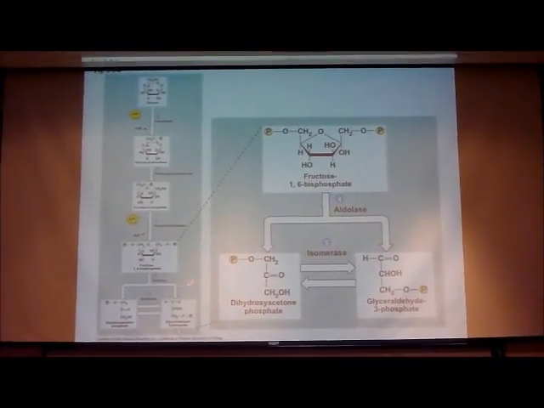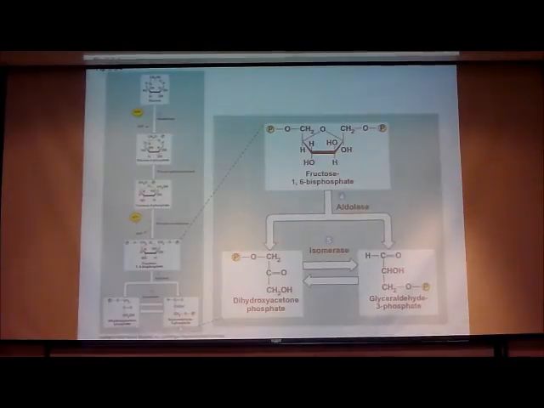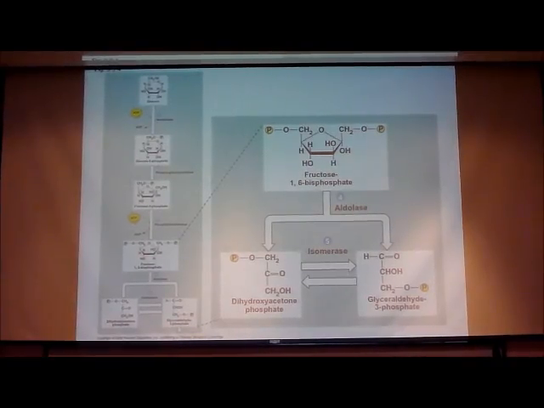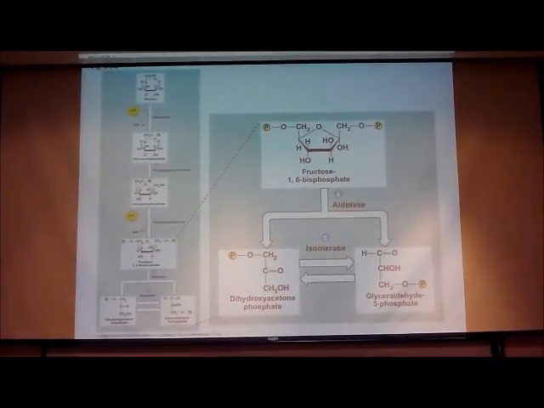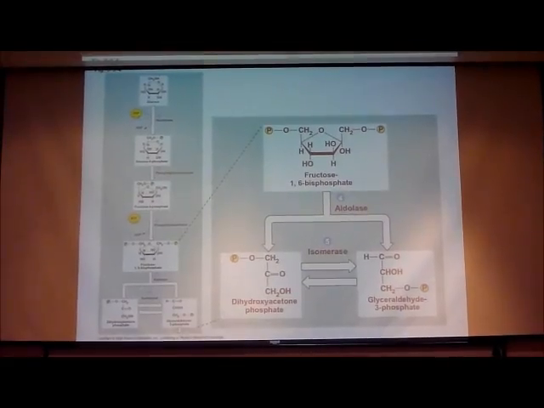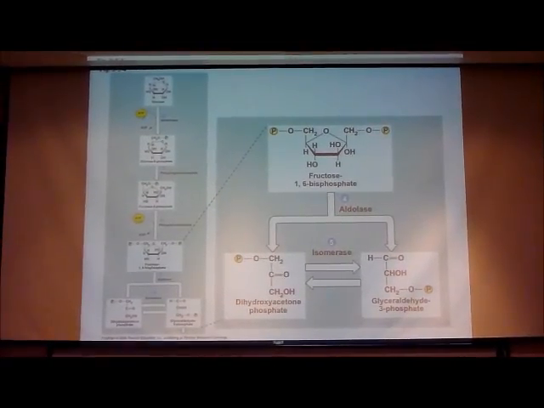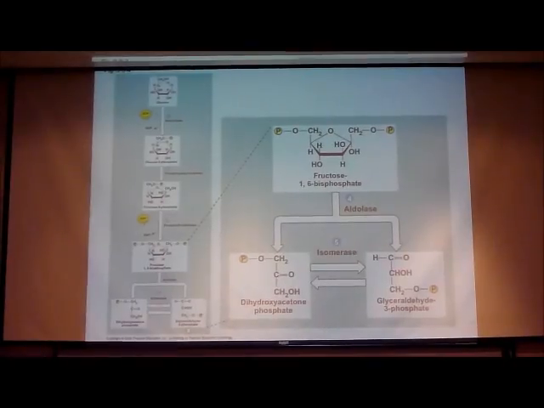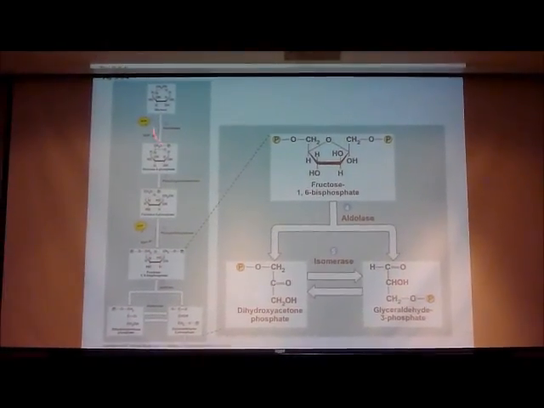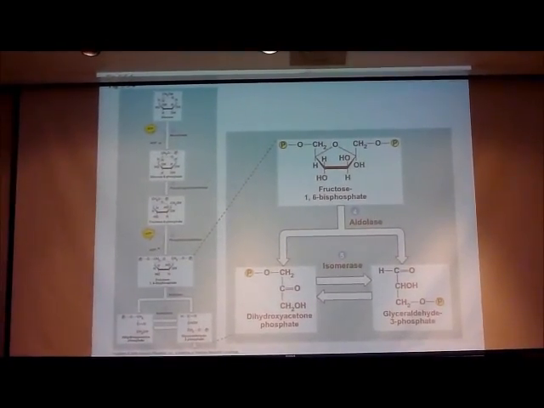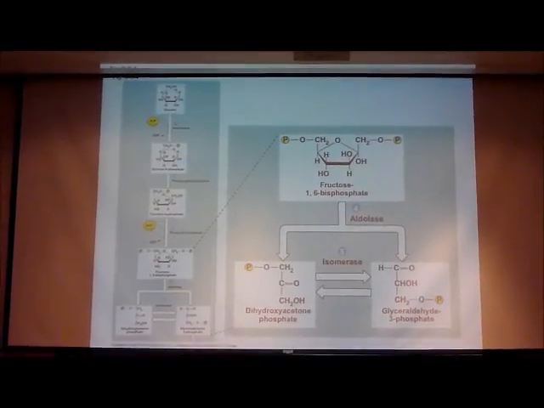And eventually, an enzyme is going to be able to recognize a double phosphorylated structure and split it in half. Because we're trying to get to 2 pyruvate molecules, which means we need to cleave this glucose and get 2 3-carbon-containing molecules. So the first enzyme that we use is called hexokinase.